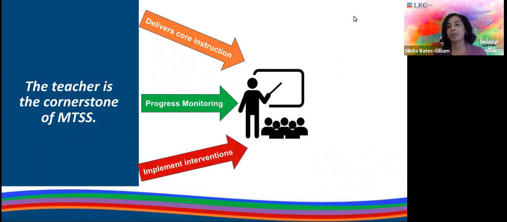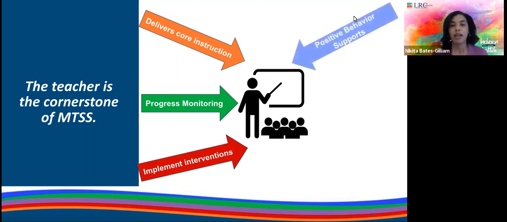Then they're going to be implementing the intervention, so providing the student with specific skills that are needed for progression. Then the teacher is going to be responsible for the positive behavior supports that the student receives, what is in place, what is set in stone, or a fluid process for that student.